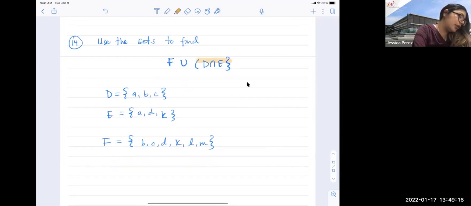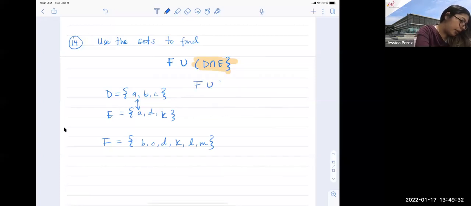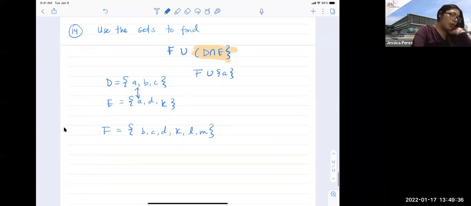Well, the first thing we want to do is find the intersection between the sets D and E. Well, the intersection between D and E is A, and that's it. That's all they match. So then I have F or A. So F or A is A and everything else.